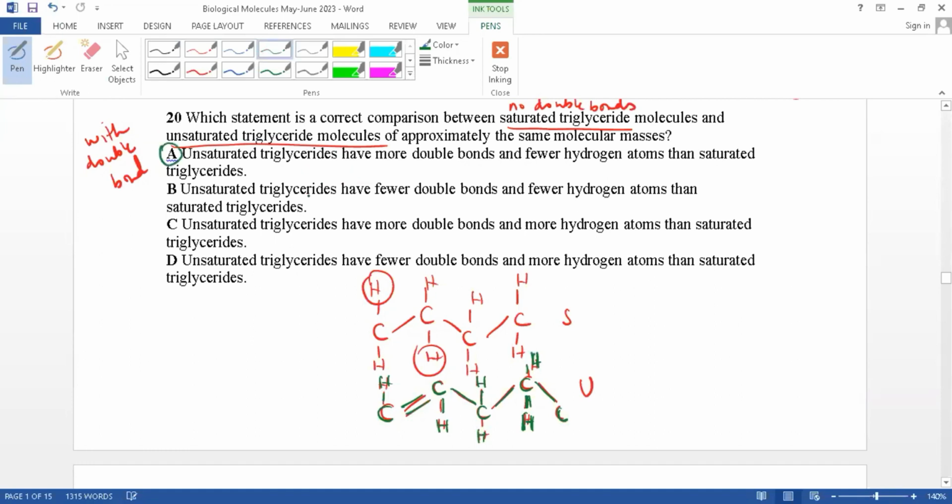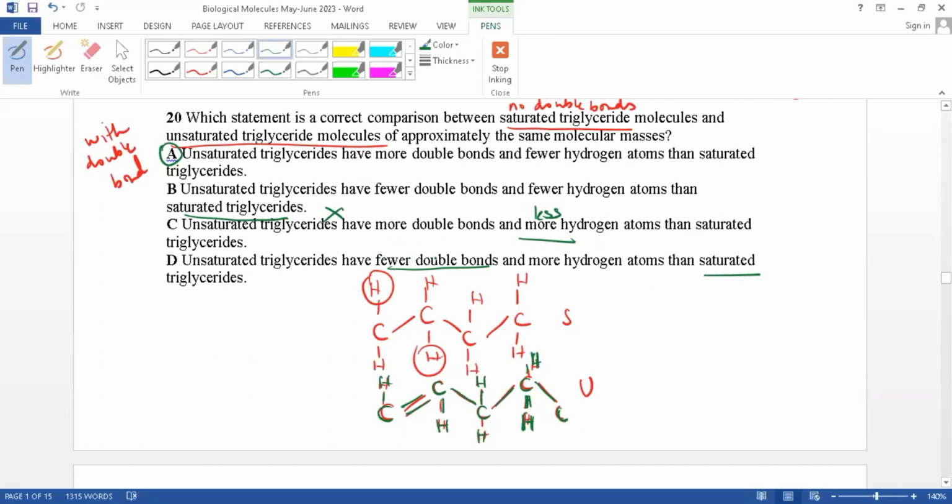Let's see the rest. Unsaturated have fewer double bonds? No. Unsaturated triglycerides have more double bonds and more hydrogen? No, not more, less. There's no chance of fewer double bonds, because it is called unsaturated because it has double bonds, and saturated is called saturated because it does not have them.